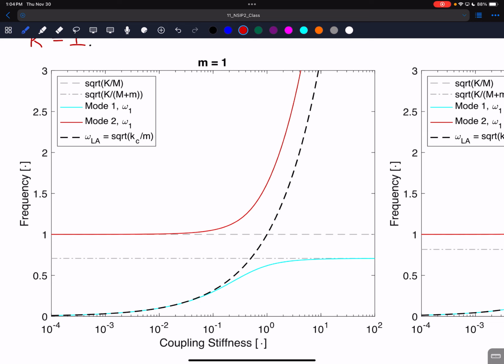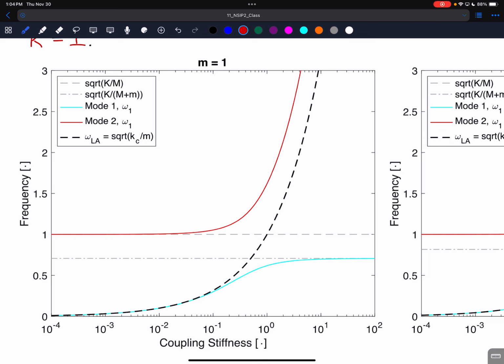So as the coupling stiffness increases, we can see that this omega sub LA is increasing, and then the effect of that local attachment is purely to decrease the natural frequency of the first mode, decrease the natural frequency of the primary structure.